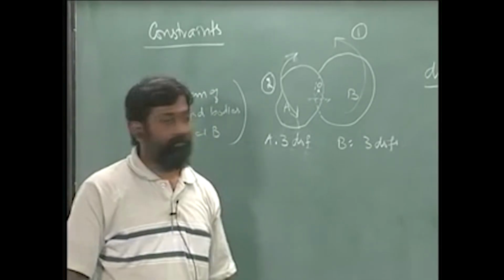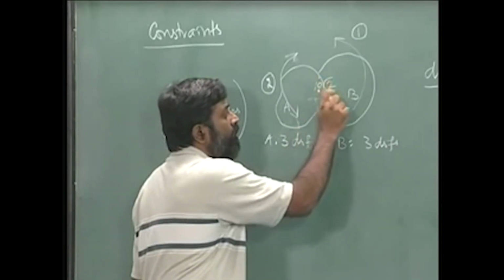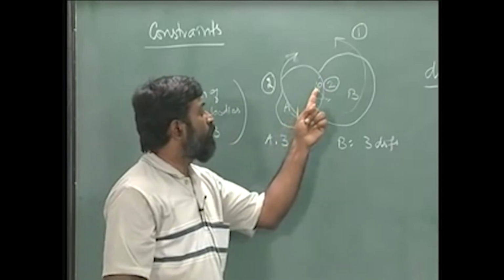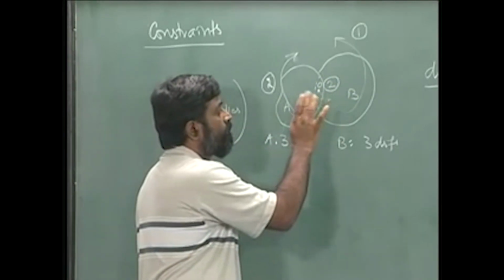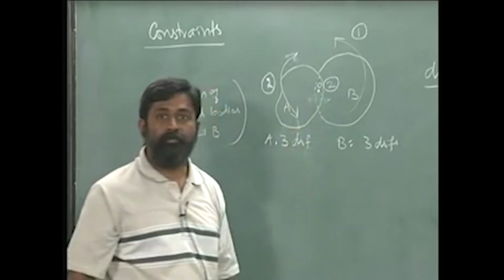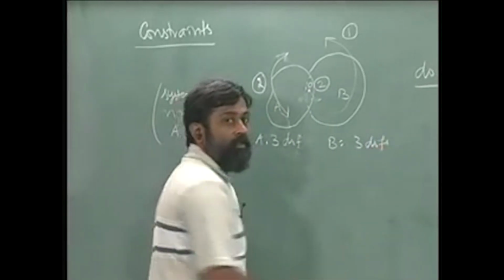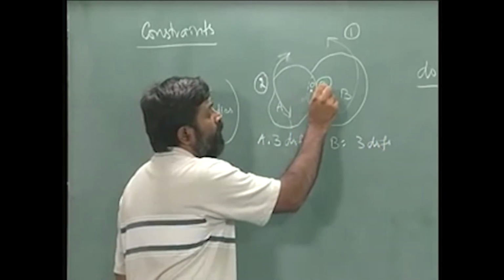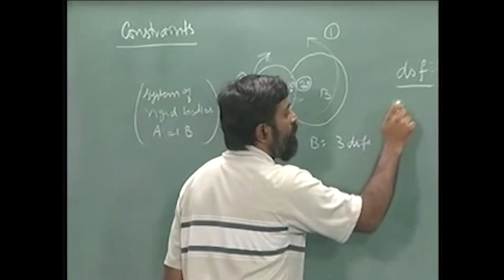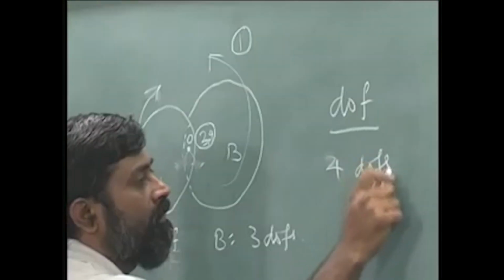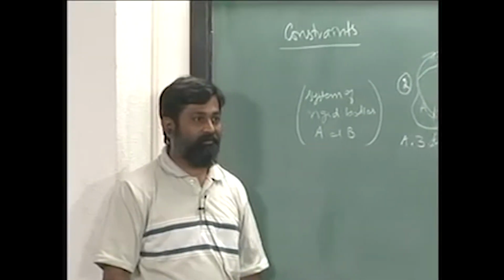Therefore, there are 2 degrees of freedom that I can move this O with if I remove the constraint over here, and therefore in total, 2 plus 2 makes 4 degrees of freedom that this system of rigid bodies A and B will have.